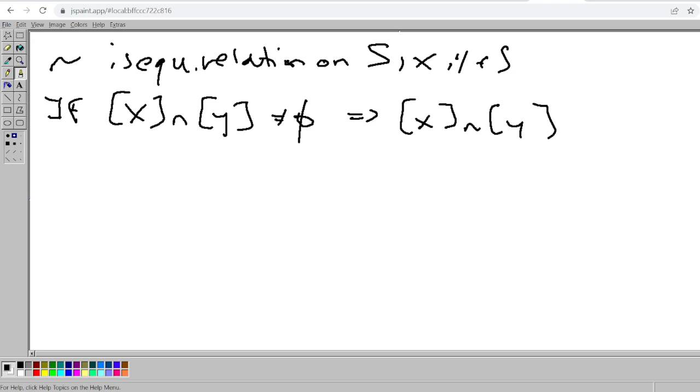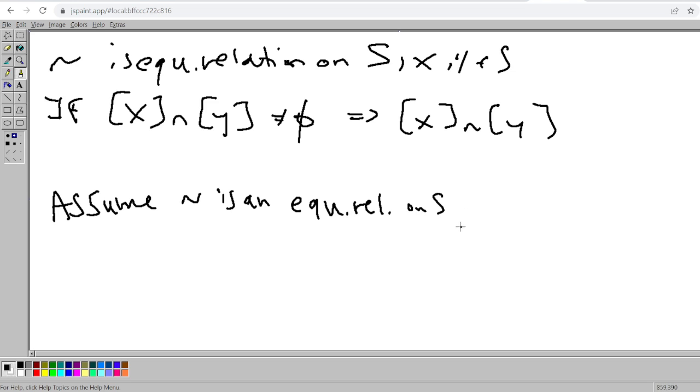Okay, and then we're going to bring back indexed family of sets, specifically with equivalence classes, by saying assume that tilde is an equivalence relation on S, where S does not equal the empty set.